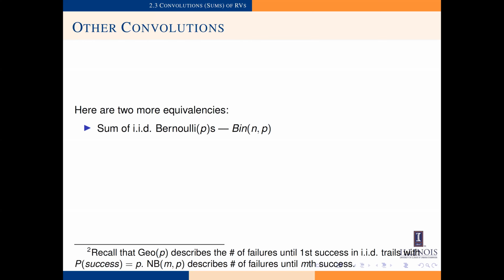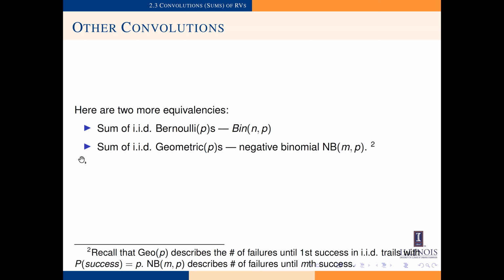The sum of IID Bernoulli random variables with probability of success p will be equal in distribution to the binomial distribution with m draws, in this case if we sum up m of them, and probability p.